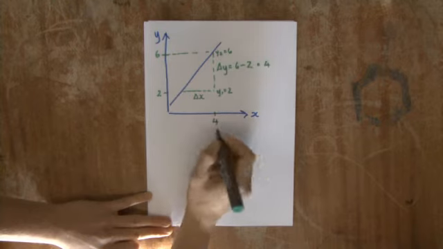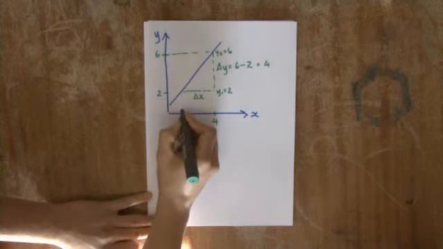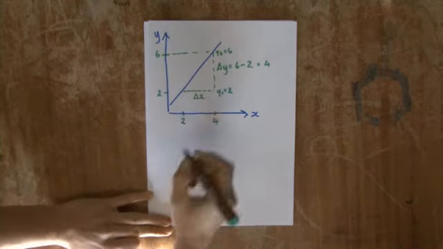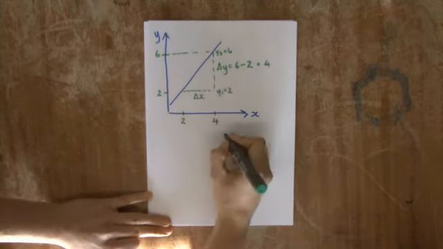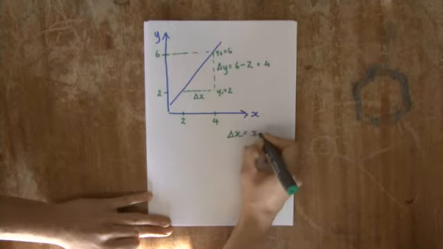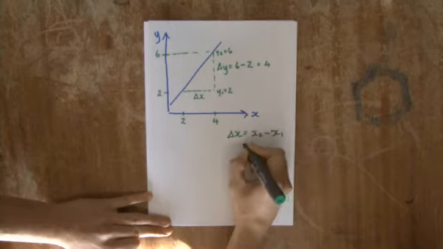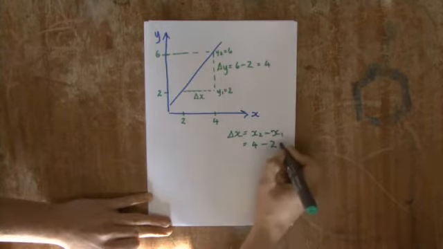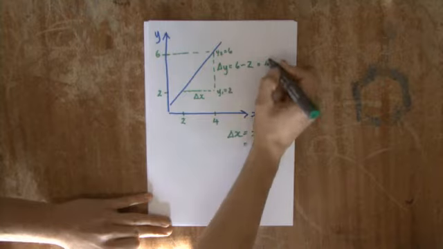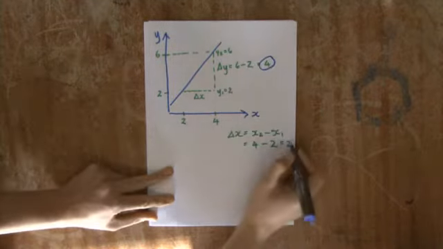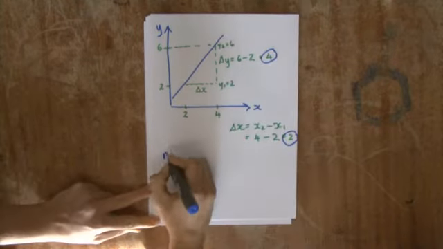So that's x2. And you follow this point down to your x-axis, and let's say we find that to be 2. So your change in x, so delta x, is x2 minus x1, which is 4 minus 2, which is equal to 2.